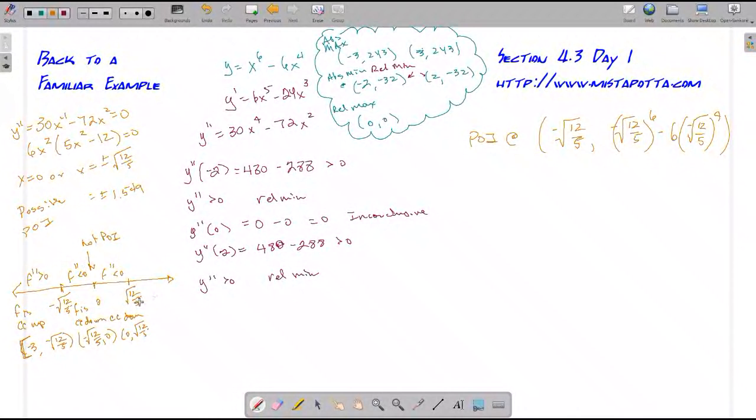So looking at this positive root 12/5, I know that 2 lies on this side of here, and we solved that 2 was greater than 0 as well. So because my second derivative is greater than 0, we know that our graph is concave up from root 12/5 to 3.